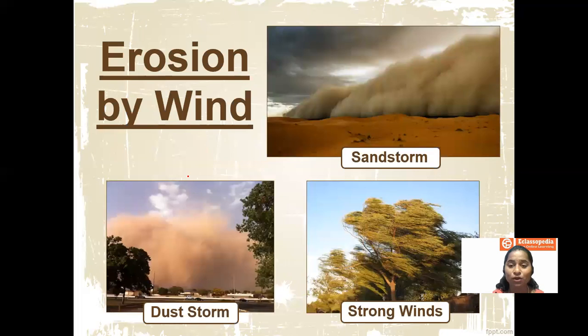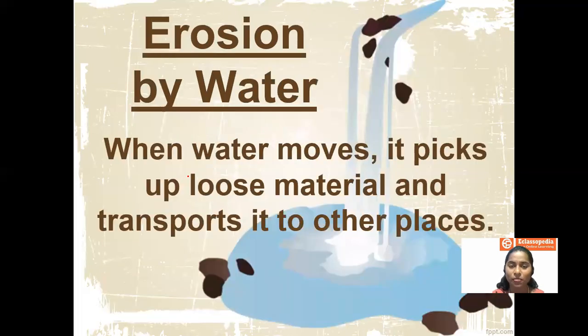And now coming to erosion by water. The flowing water, the moving water, has lots of energy, especially the rainfall, floods, flowing water in the rivers, and runoff water. This moving water picks up the loose material like sediments and transports them.